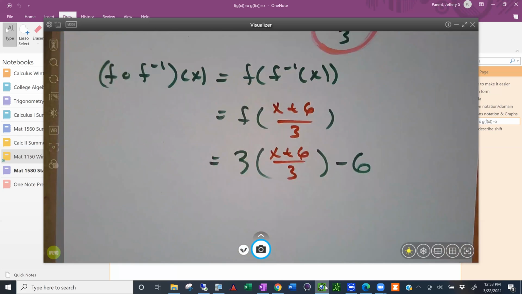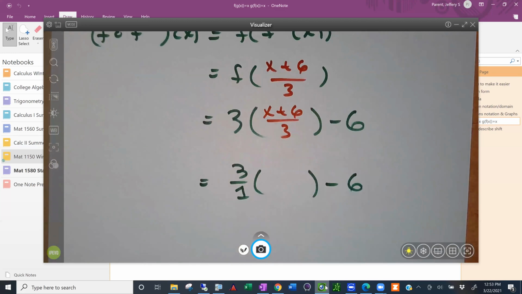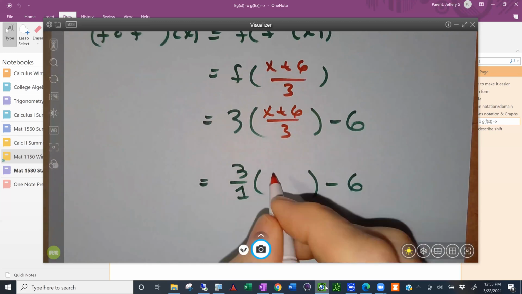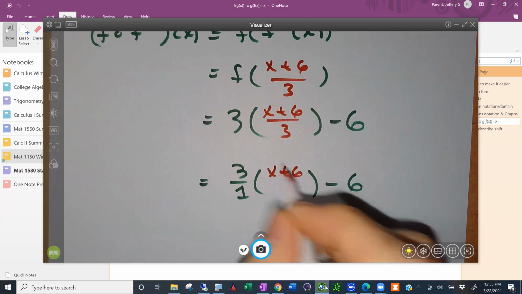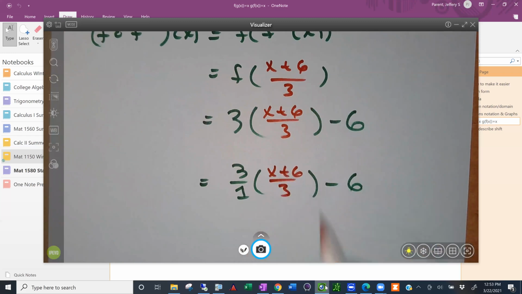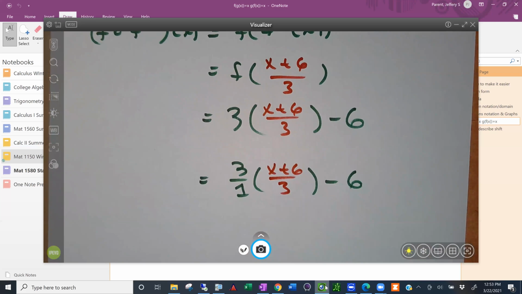Now, I don't think that they're going to do this next step, but I'll put it in just because I think it helped a few people in one of my classes. I'm going to write that 3 as being over 1. And the reason I'm doing that is because I want to encourage you to do some simplification.